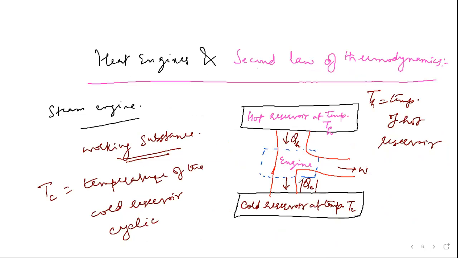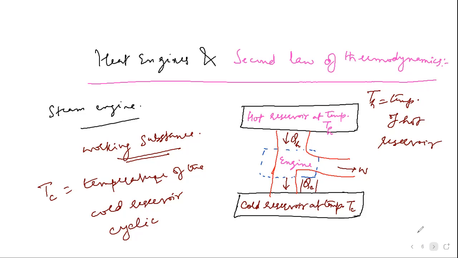There should be no heat rejected by the system, because this heat rejected is a loss for me. I want work, not heat. So a 100% efficient engine means if I give 100 joule heat to it, it will give me 100 joule work. No heat will be lost to the surroundings.